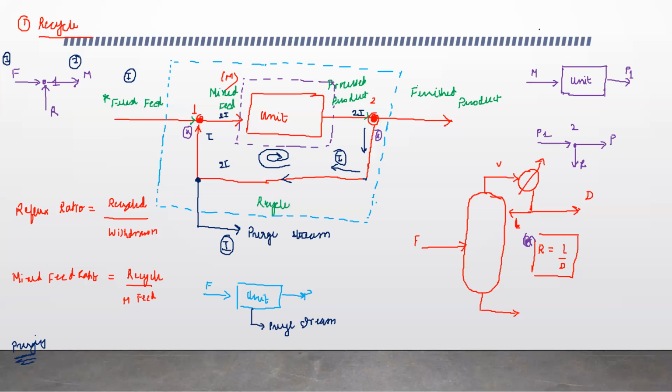And if we go to the unit, then this I, as it has come here as I, and then when we come to the second junction, junction number 2, all this I will come out here. So as such, there would be no difference except for this entire unit where a purge stream has to be shown separately.